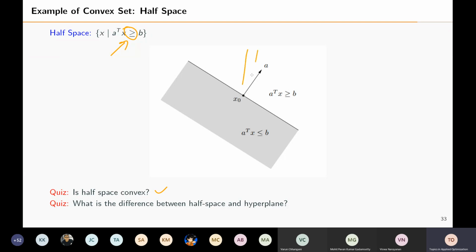You are either making acute angles with A, or you are making obtuse angles with the normal. The normal could be in any big dimension, it doesn't matter, so you always get only two half spaces.